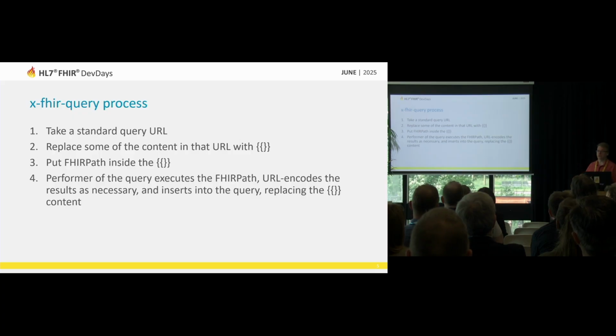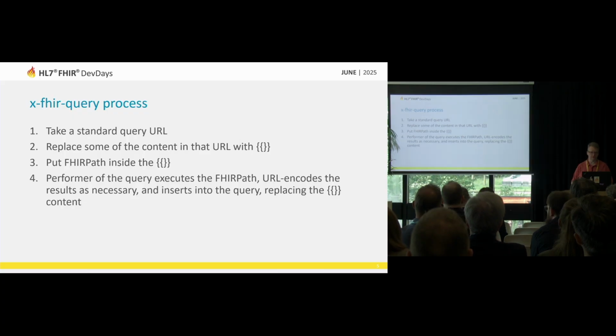And when the system that's supposed to run the query needs to run the query, it just needs to do a pre-processing step first. So it looks for double curly braces. If it finds any, it executes the FHIRPath with whatever context happens to be available. So if you're running it inside an SDC query, you have context that's available depending where within the questionnaire you happen to be.